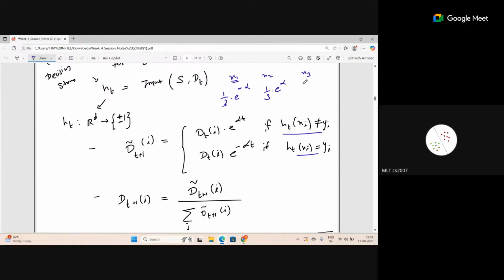And for x3 it is 1 by 3 e to the power minus alpha, right? Correct. This is my d1 tilde of i. Is that okay?